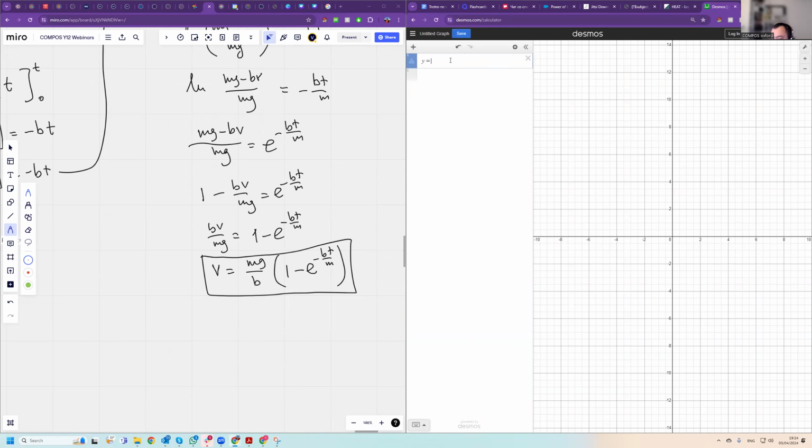So y is equal to, we'll use something generic, mg over b. So I don't know, 20, open bracket, 1 minus e to the power minus 0.4x.